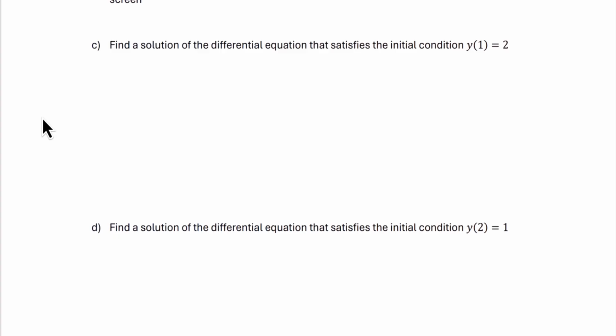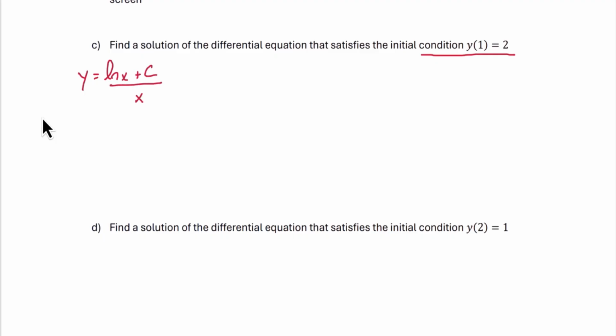In part C, we want to find a solution of the differential equation that satisfies the initial conditions. So here we're looking at an initial value problem. We're given some initial information. Recall that y is equal to ln x plus c divided by x.